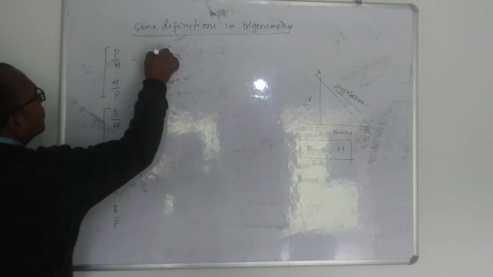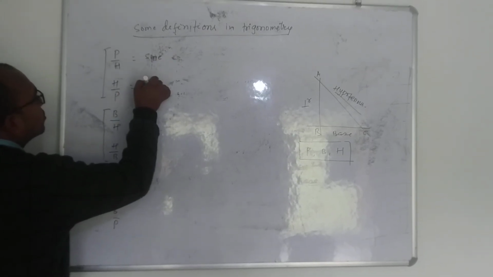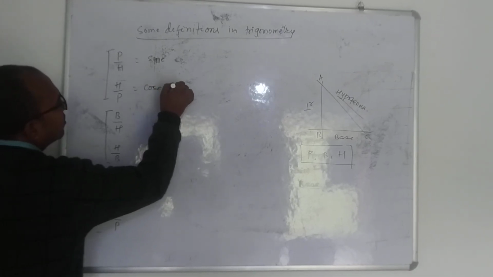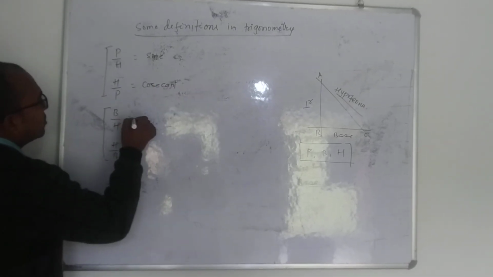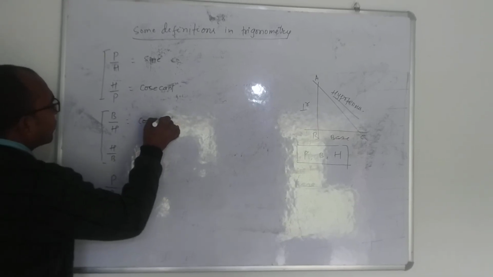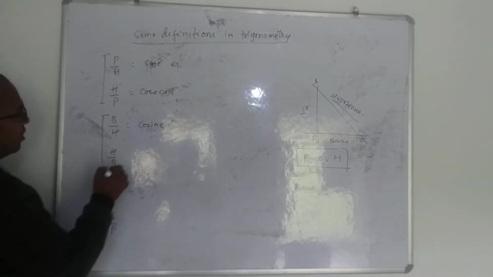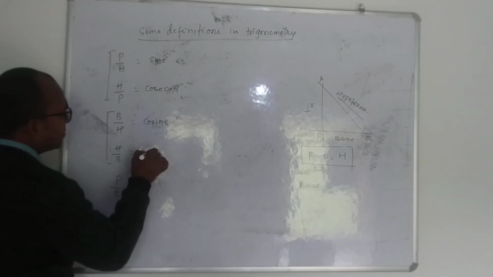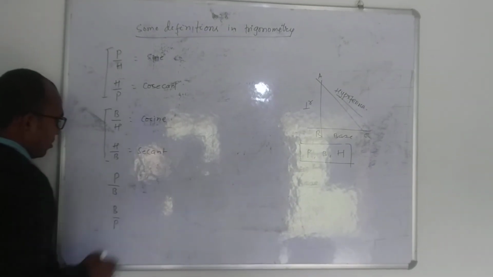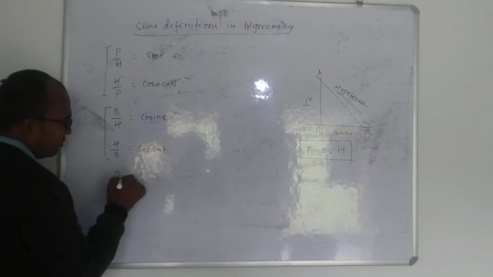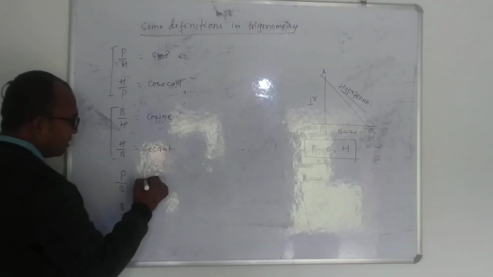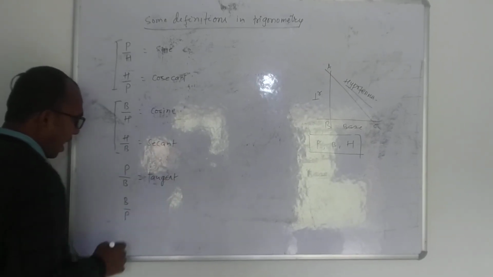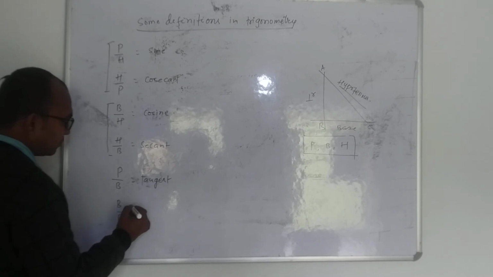sine, and its reciprocal, cosecant. Next one is what? Cosine, and the reciprocal of cosine is what? Secant. Here this one implies tangent, and the reciprocal of tangent is what?